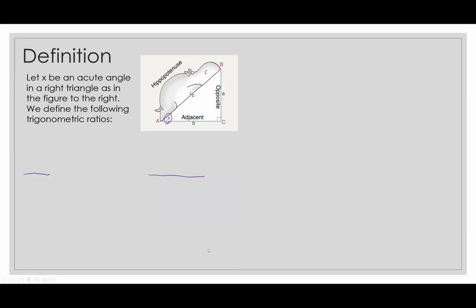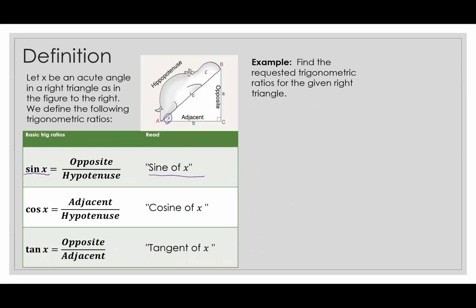All right, so let's do a specific example given some lengths in a right triangle. Okay, so we have a right triangle there. This angle is called alpha, and this angle right here we call theta.